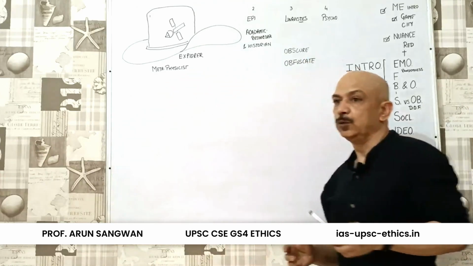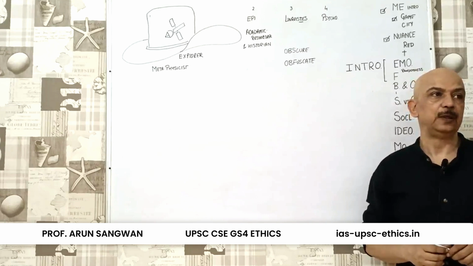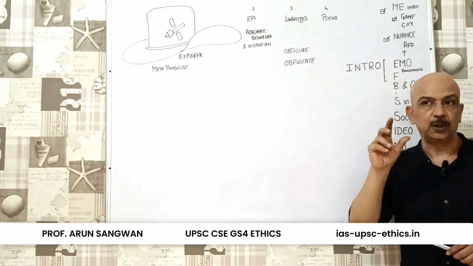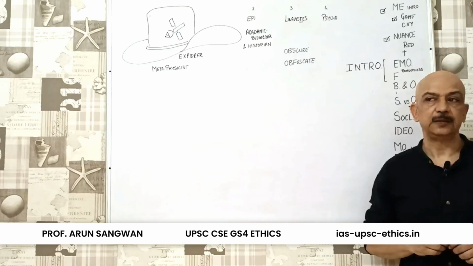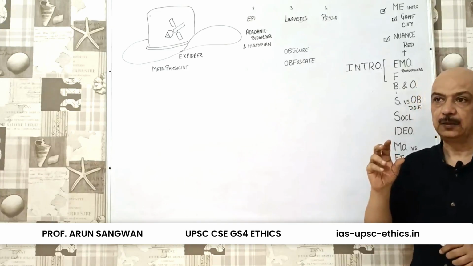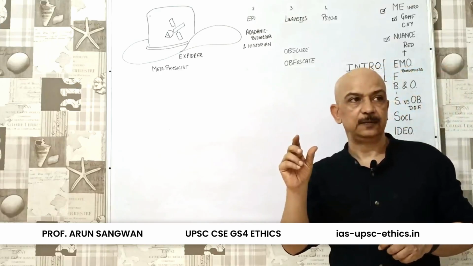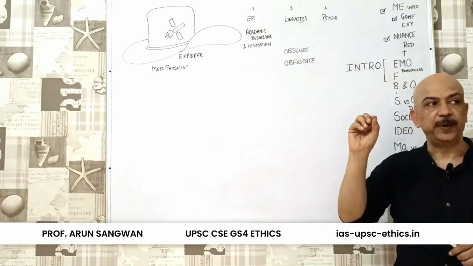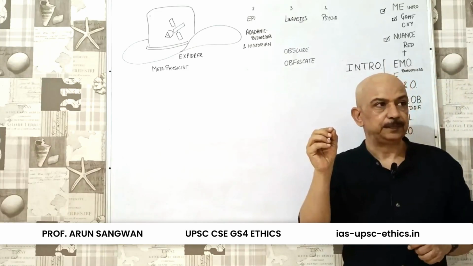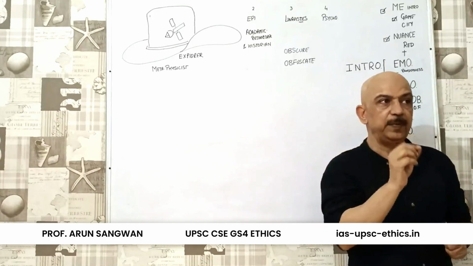People will often use language to obscure the real meaning. That means, obscure means to hide. It literally means to dim or to make dark. They'll hide the real meaning.